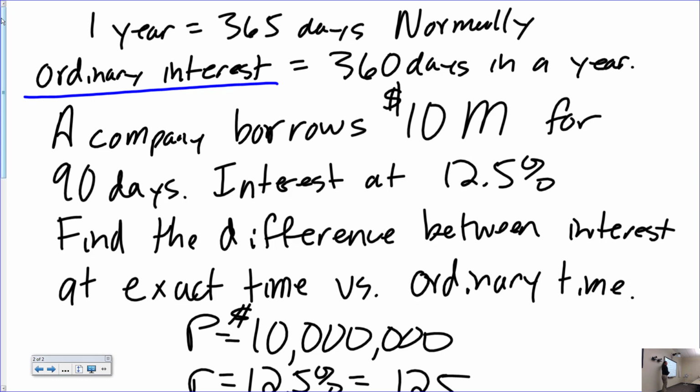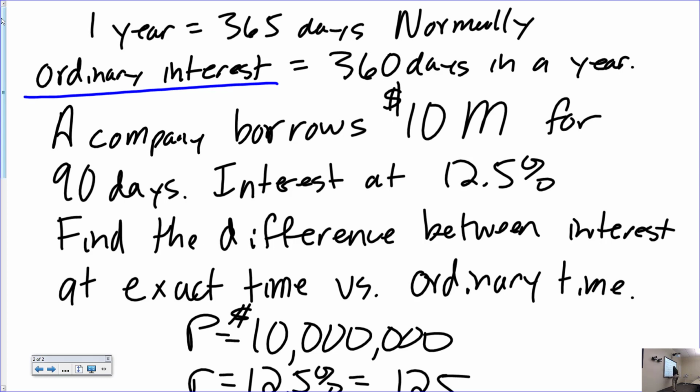You really have to dig into the contract to find the phrase ordinary interest somewhere inside of it to find that they're actually using 360 days. It's always in the really, really, really small print, okay? And again, it's just their way of saying, oh, I'm just going to charge you more, right? All right, so not bad with days.